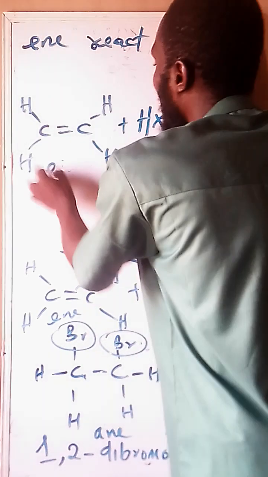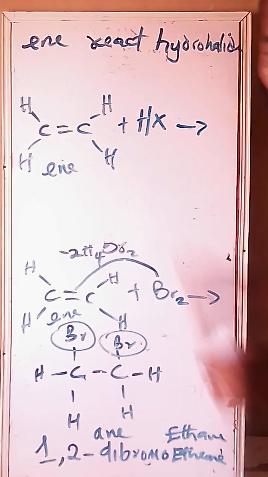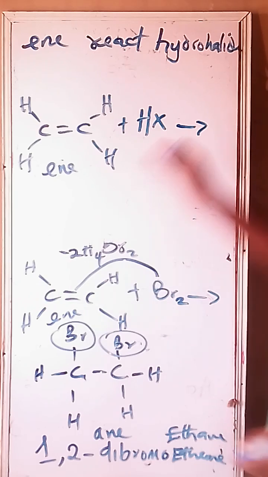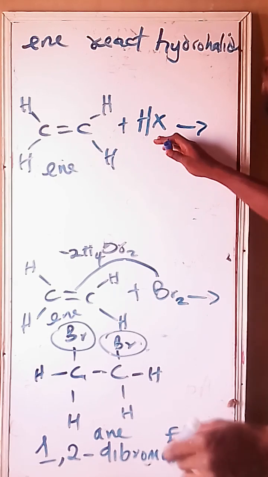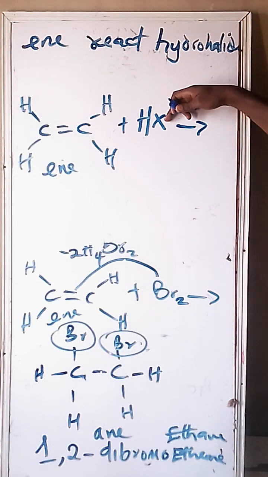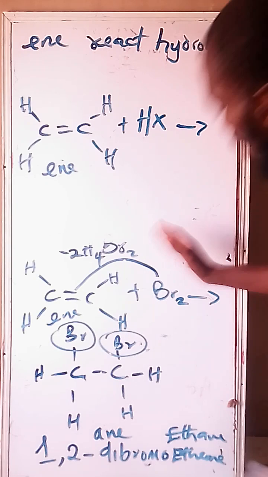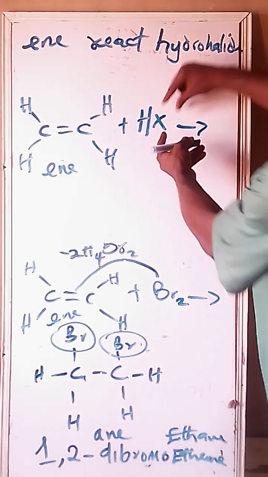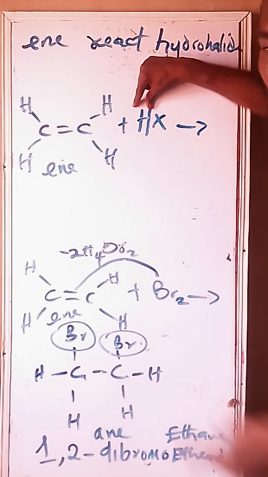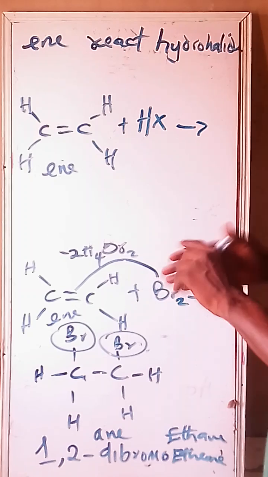So when ENE reacts with hydrogen halide, JAMB will ask you what the catalyst involved is. This X is a symbol for a halogen group, like bromine, chlorine. When a halogen group reacts with hydrogen, we call it hydrogen halide. Are we together?